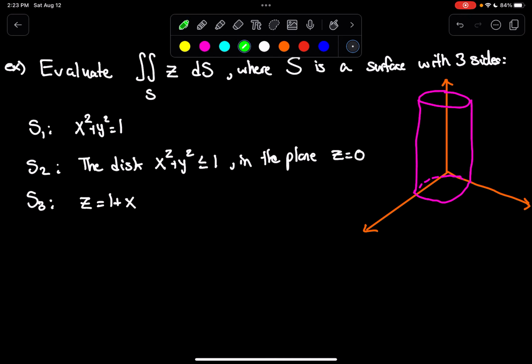We're getting cut off by this plane z is equal to 1 plus x. So I'm just going to kind of create a plane that kind of does this. Right, something like this. It's getting cut off, and it is going to leave an intersection of something that kind of looks like this.